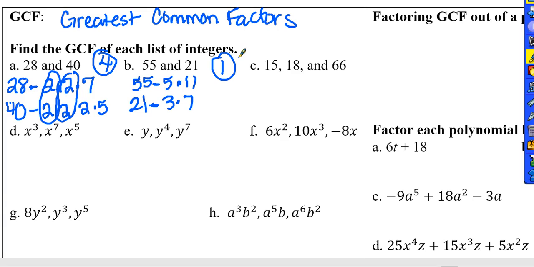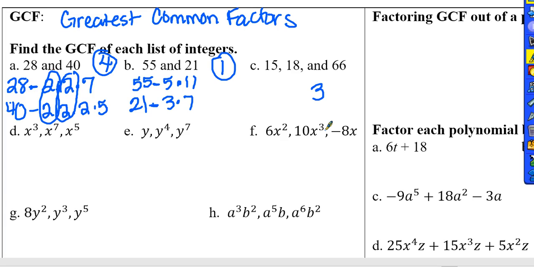Yes? 15 is 3 times 5, and 18 is 3 times 6. And does 3 go into 66? 22 times, right? So with this one, I would say that my greatest common factor is 3, and it can't be more than that because 15 and 18 are only 3 apart. So they can't have a factor that's bigger than that. Okay? All right. So those are our numbers.